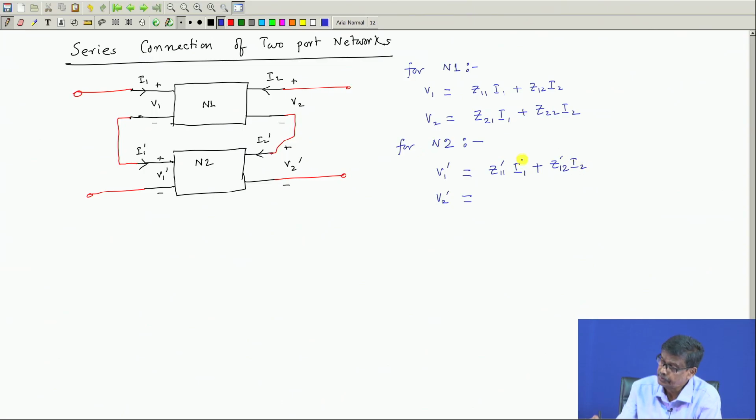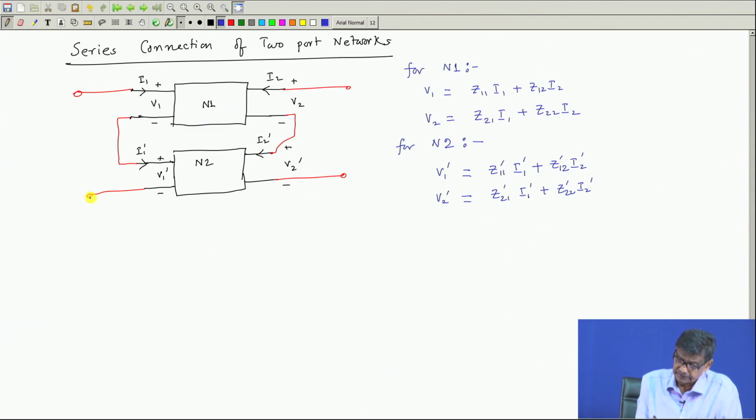Similarly, Z21 dashed I1 dashed plus Z22 dashed I2 dashed. This will be the thing.